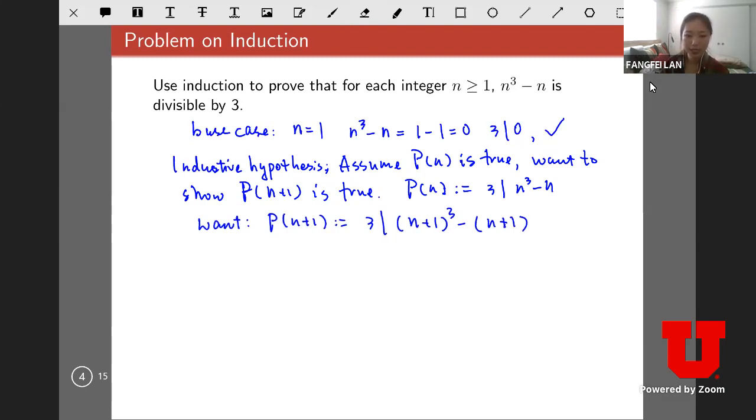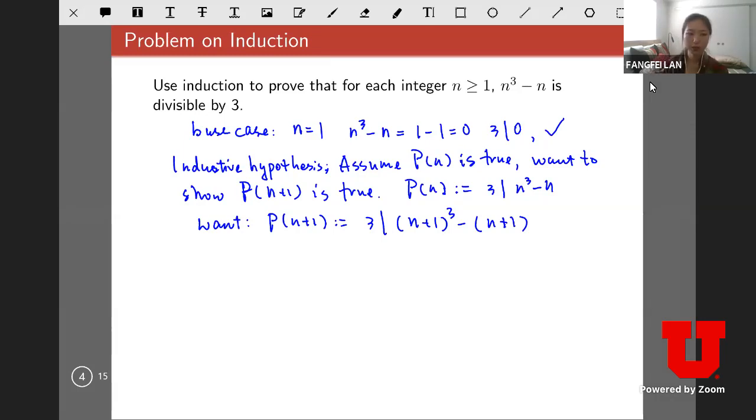We just plugged in n plus 1 into the same formula. So now we get Pn plus 1. Okay, so how do we do this?